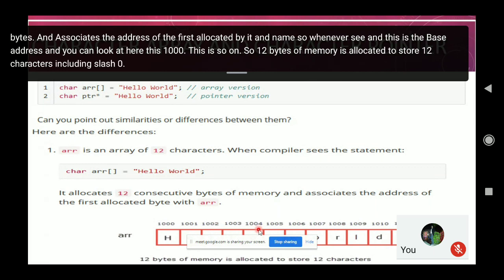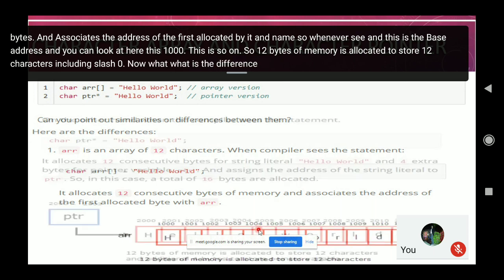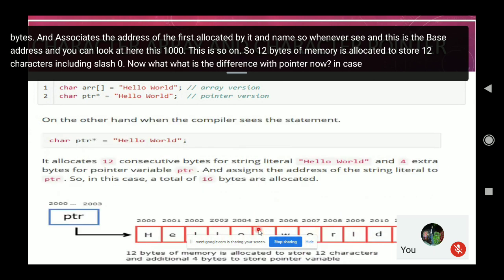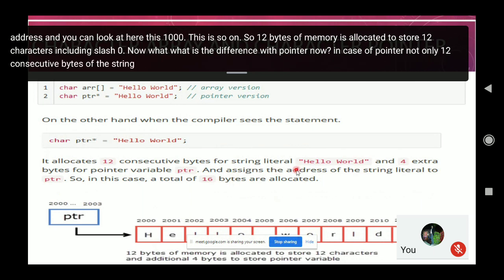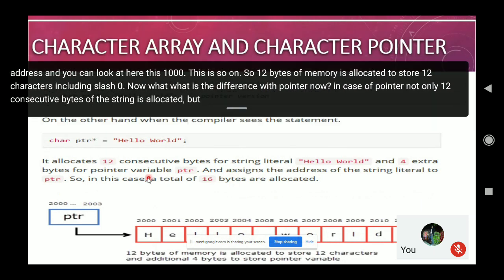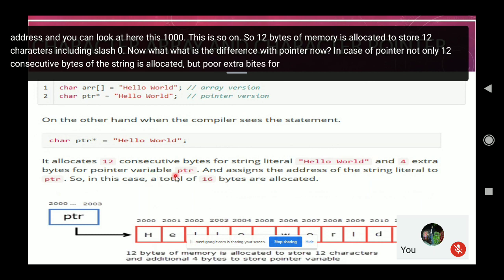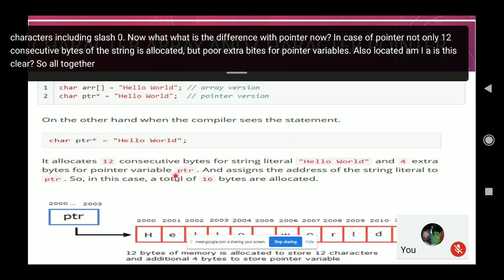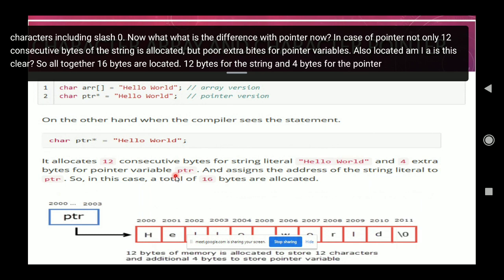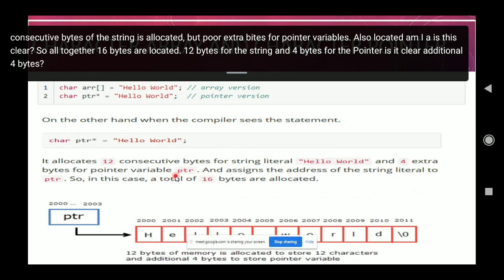Now, what is the difference with the pointer? In the case of the pointer, not only are 12 consecutive bytes for the string allocated, but 4 extra bytes for the pointer variable are also allocated. Is this clear? So altogether, 16 bytes are allocated: 12 bytes for the string and 4 bytes for the pointer. Additional 4 bytes. So 16 bytes are allocated as far as allocation is concerned.